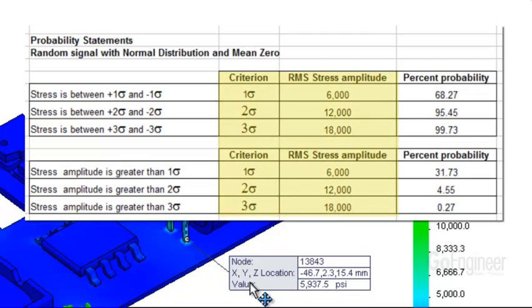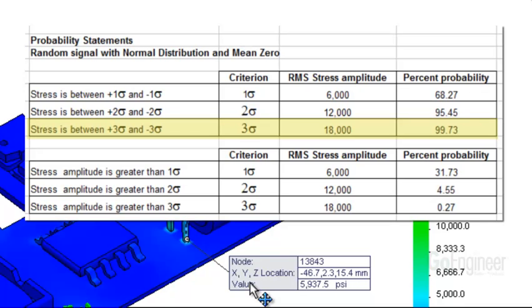The column labeled criterion can come from your customer specifications. There are multiples of 1, 2, and 3 of the RMS stress value of interest in the simulation plot. For example, many spacecraft manufacturers want their electronic components to withstand 3 sigma values. So you'll need to multiply the simulation values on the plot by 3 to report this case to your customer.